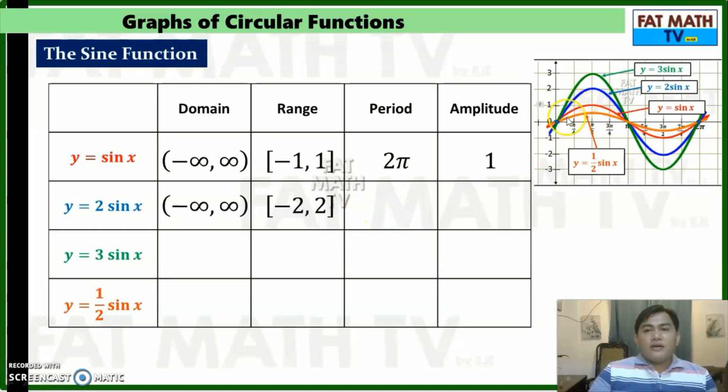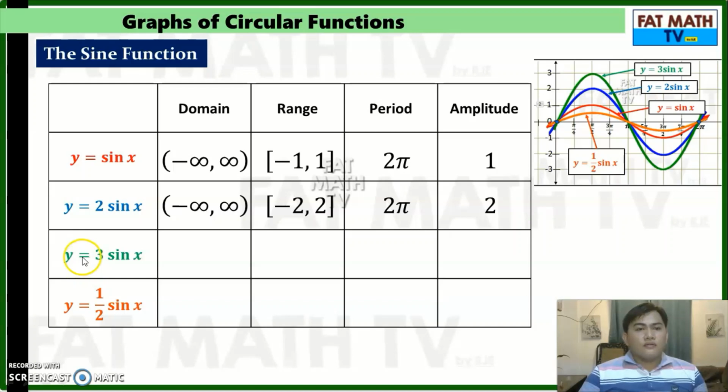And then for the period, one cycle will complete at 2 pi, from 0 to 2 pi, so that's 2 pi units. So the period is still 2 pi. And then the amplitude is the height of the graph, or that is the absolute value of the number here. Absolute value of 2 is 2. So the amplitude is 2.